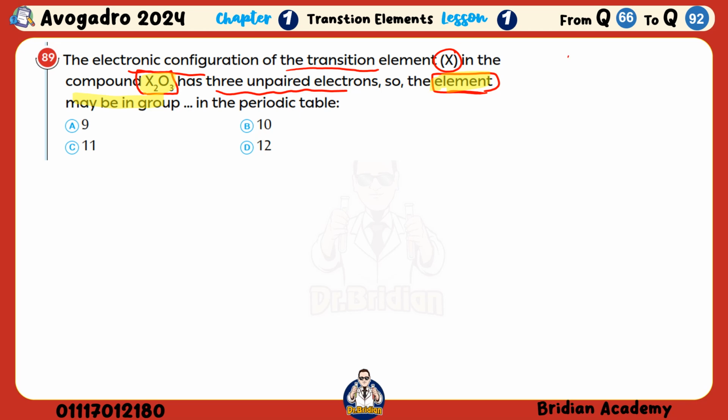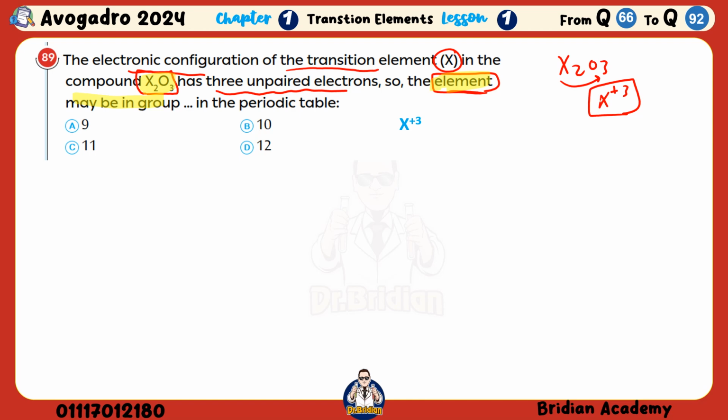To analyze this text, you should know that X2O3 means X is in oxidation state +3. When you make the equation to calculate the oxidation state, it will be +3. So you have X +3, and it has 3 unpaired electrons. There are two cases.